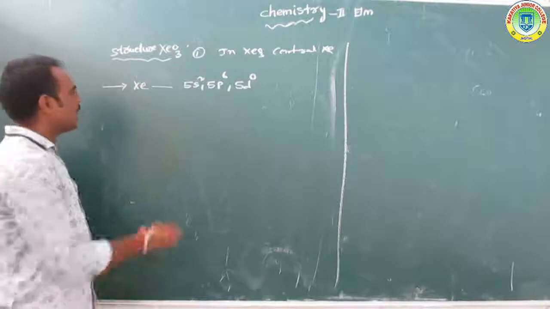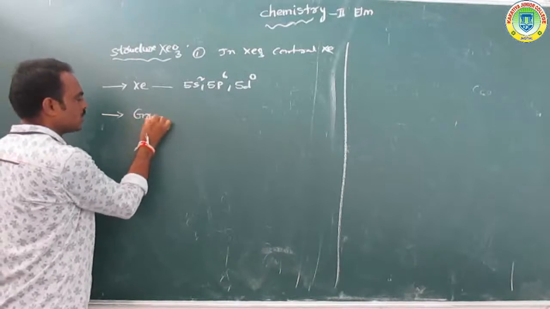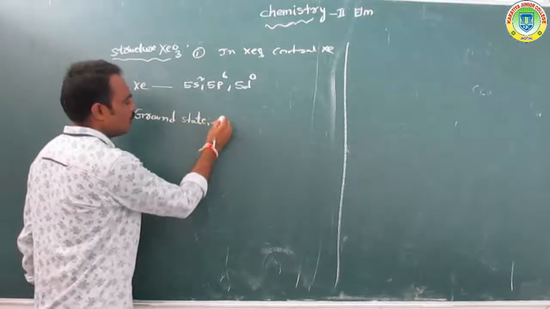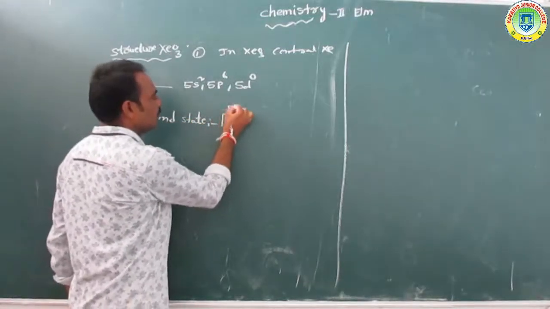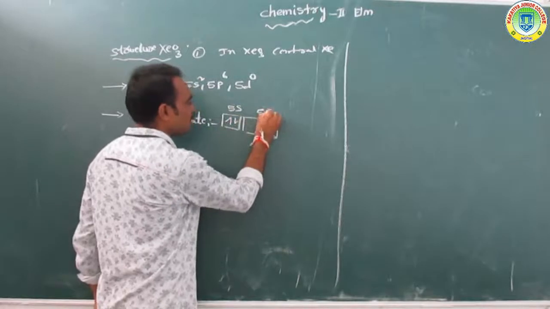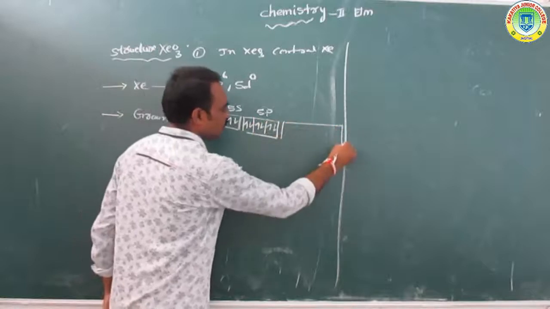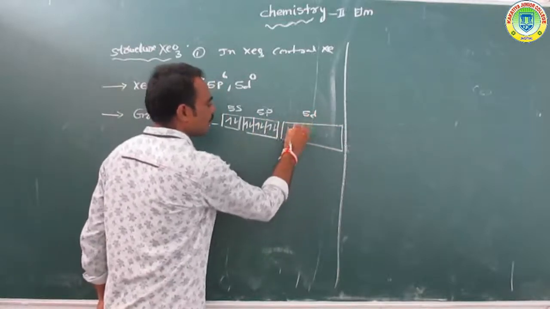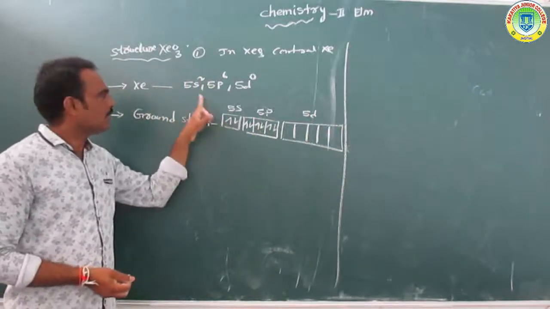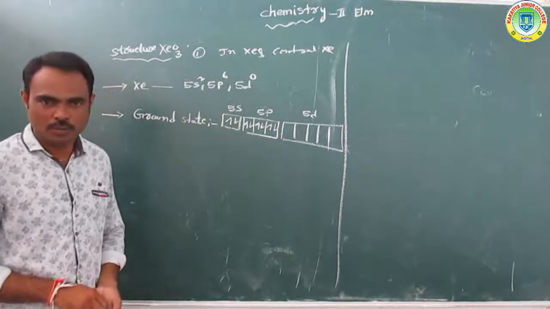We write it for orbitals. In the ground state, the 5s orbital contains 2 electrons, the 5p orbital 6 electrons, and the 5d orbital 0.